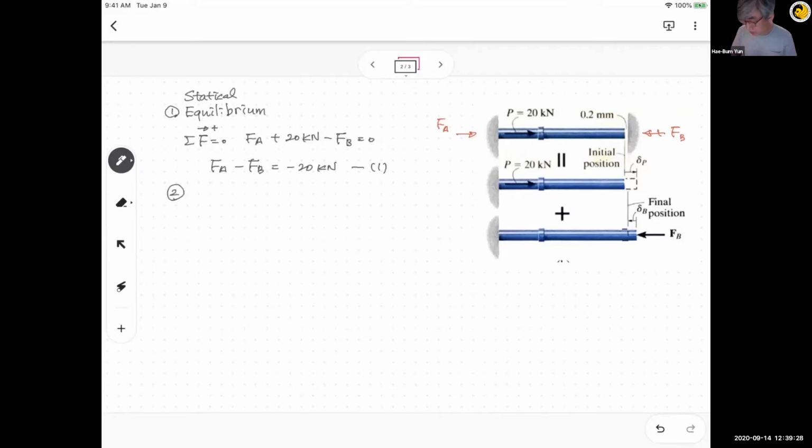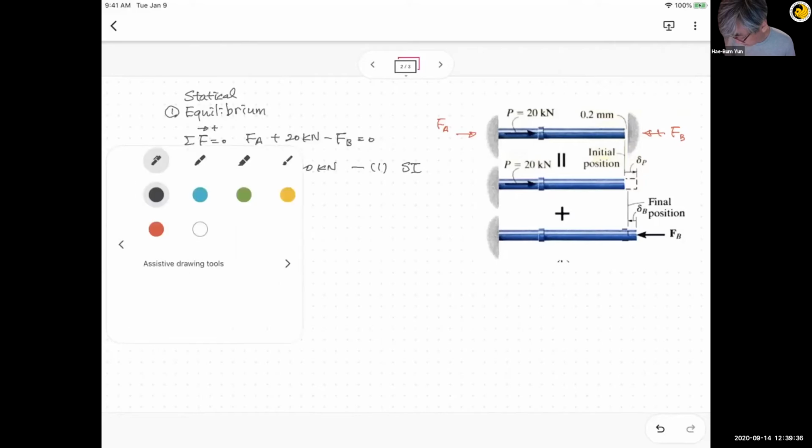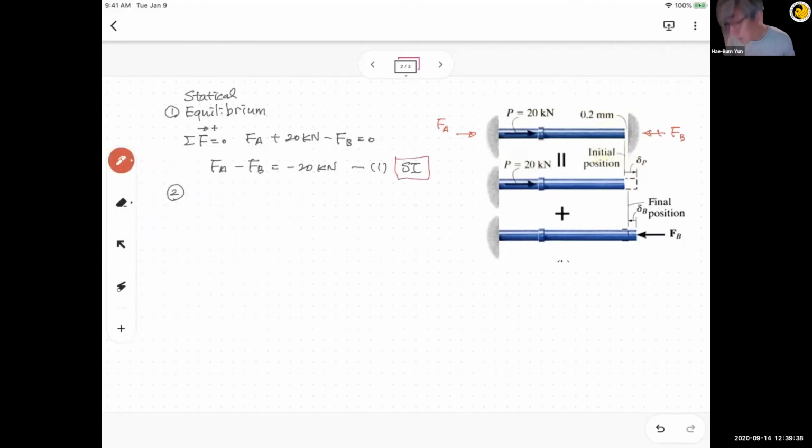Second, because this is statically indeterminate, Amir asked, does it so happen that the deformation convention matches the direction convention?